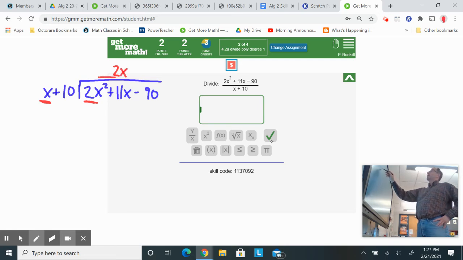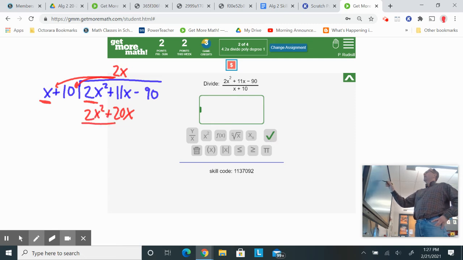Now I take 2x times 10, I get 20x. And 2x times x gives me 2x squared, which is what I wanted, because I wanted to eliminate that first term when I subtract. So there's no x squareds anymore. And I have 11x minus 20x, which gives me negative 9x. Bring down the minus 90.